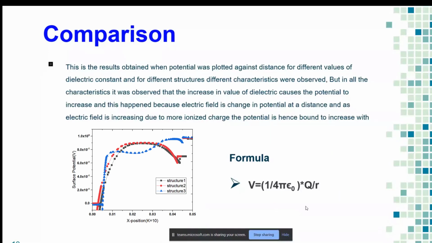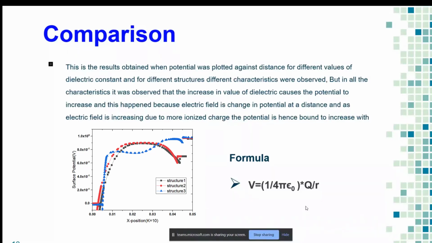This is our potential graph, which we have compared in three different structures. Basically, we can explain how potential increases. When we put some biomolecules in the cavity, they have some dielectric constant of their own, and some charge, due to which an electrochemical reaction occurs at the surface and in the cavity, which changes the surface potential of the channel, due to which tunneling occurs.